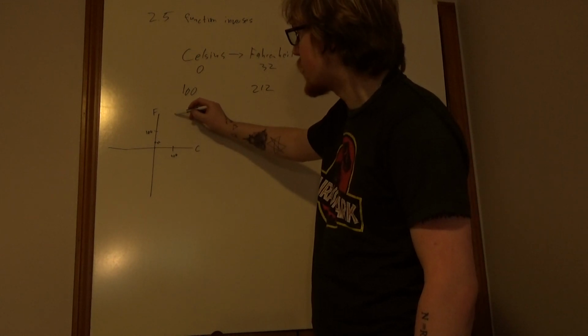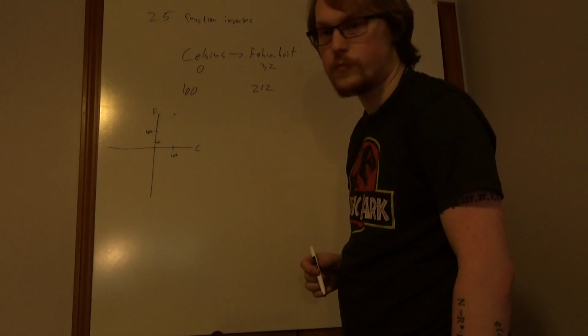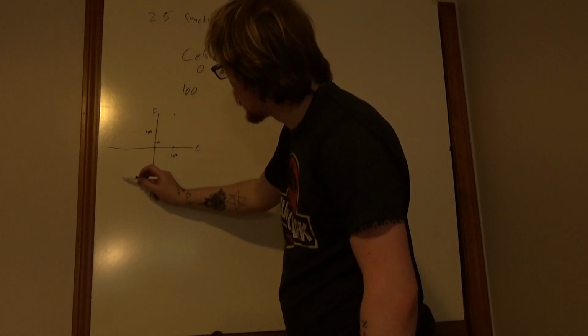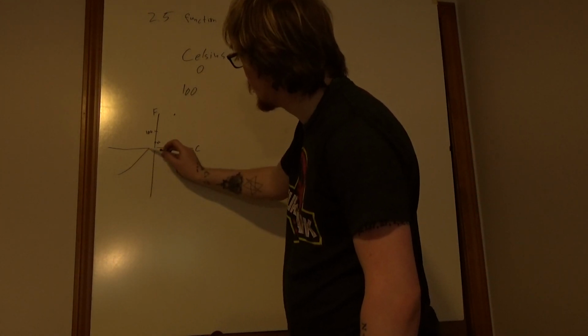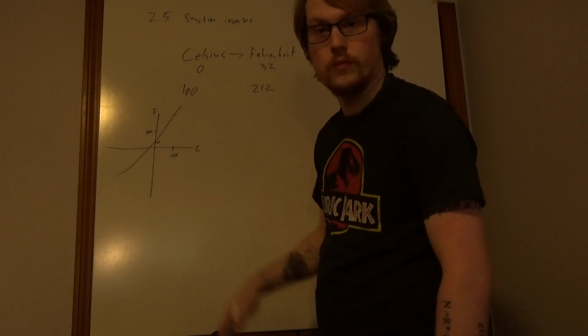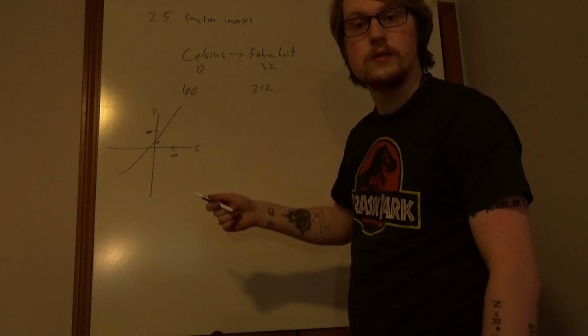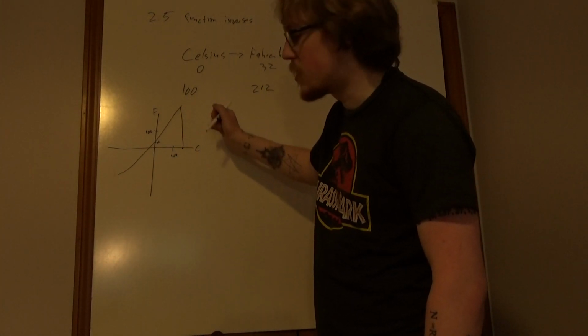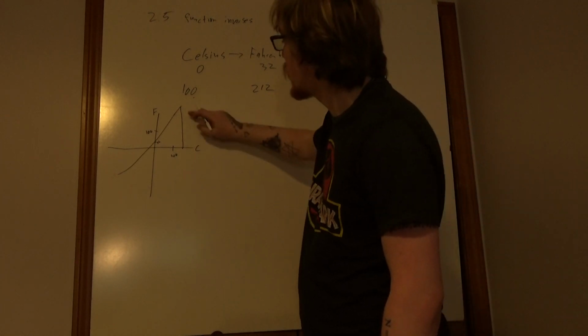And so that's going to be somewhere up there. And since it's a linear function, we can know for certain that this should be a straight line connecting these 2 points. And so then every temperature that we want to find a Celsius and Fahrenheit conversion for, we can use this line.